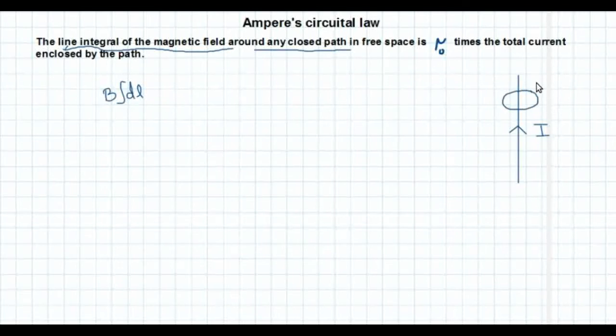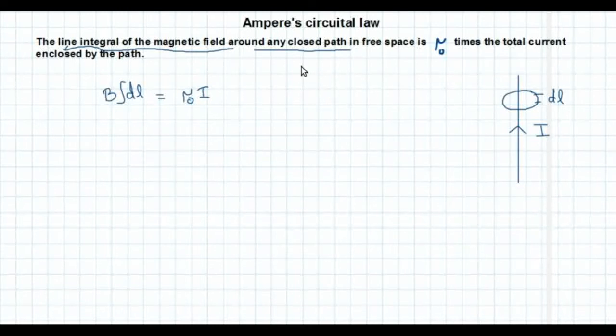Around this current carrying conductor we can imagine a closed path, and dl is a small portion of that closed path. So this is dl. When we integrate this dl, then B multiplied by it will give what? Mu0 times the current enclosed, or it is nothing but mu0 into I.